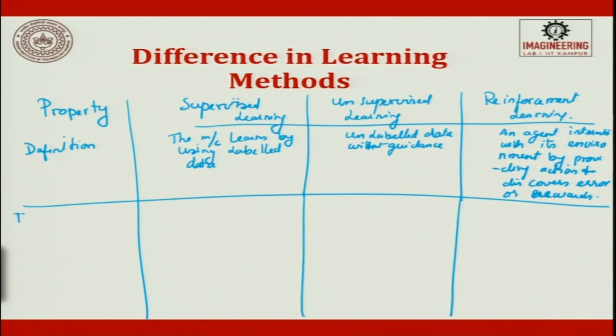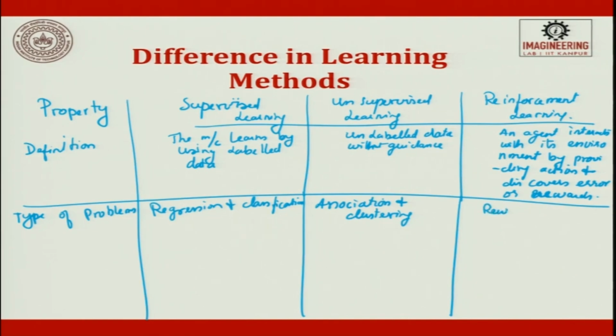So the next one is type of problems. Here it follows regression and classification. Here it is association and clustering. Here it is reward based.